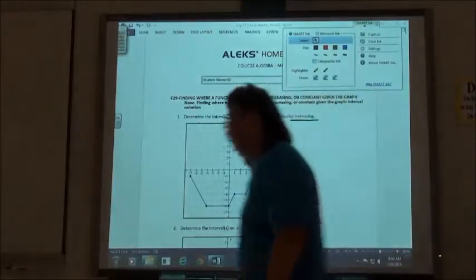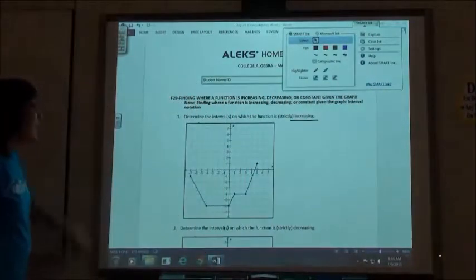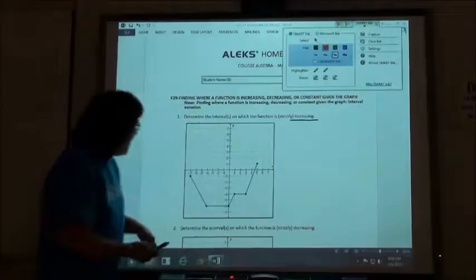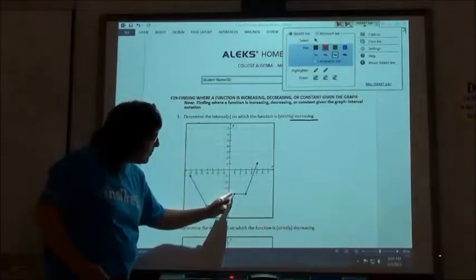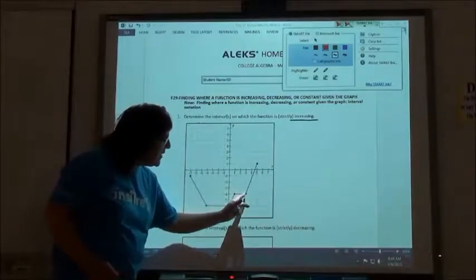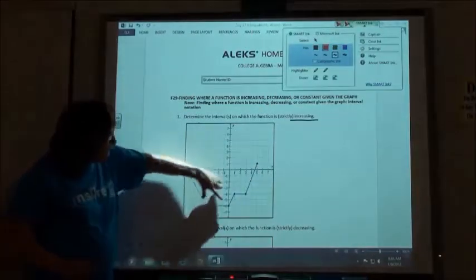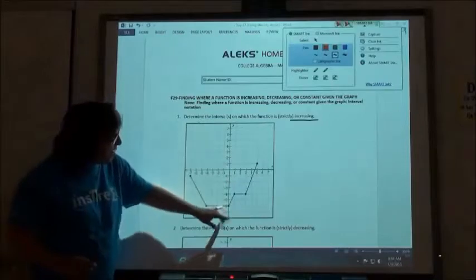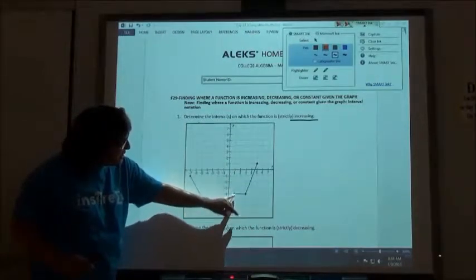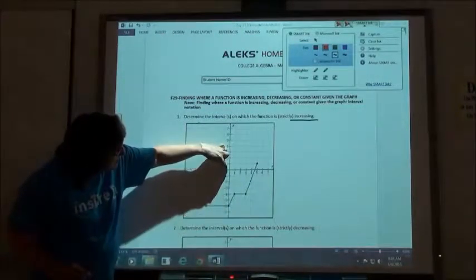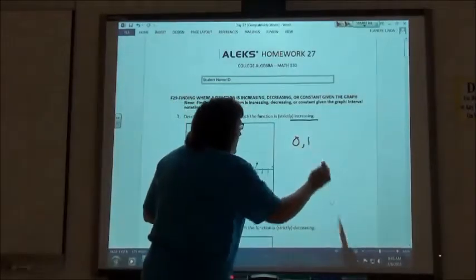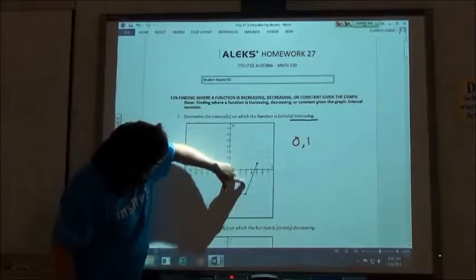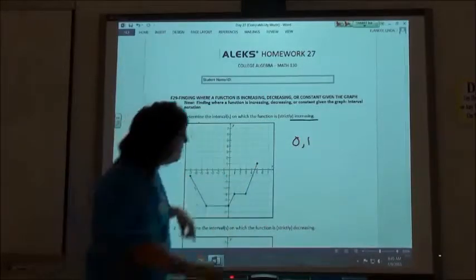If I look at my graph, it is decreasing here, constant here, increasing from here to here, constant, and then increasing. When you're looking at the section, you're looking at the domain. So this section that's increasing is from 0 to 1. This section is from 3 to 5.